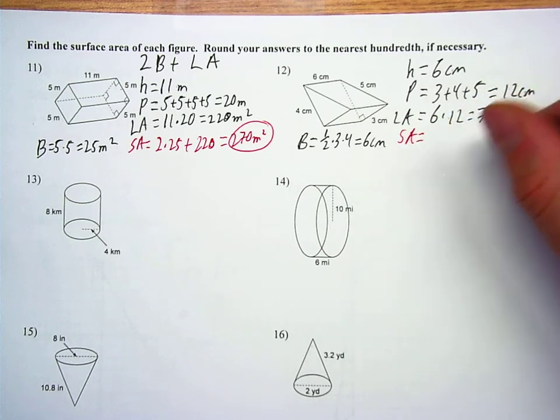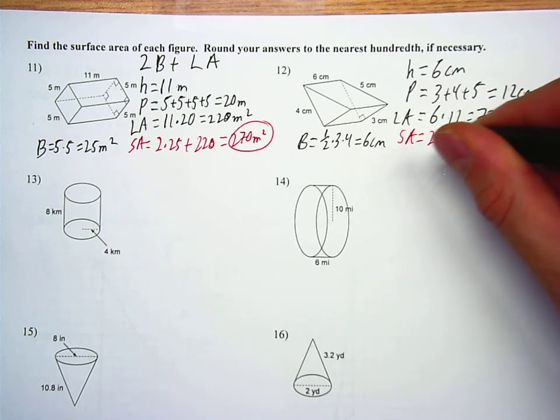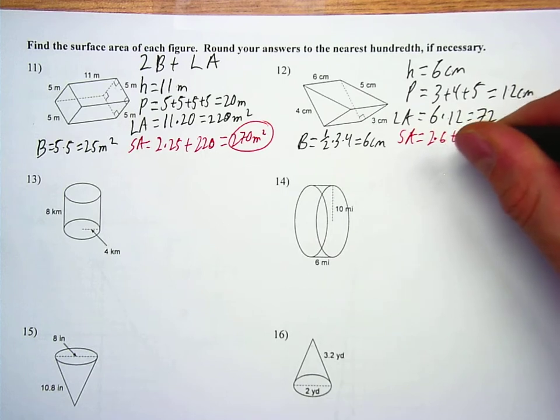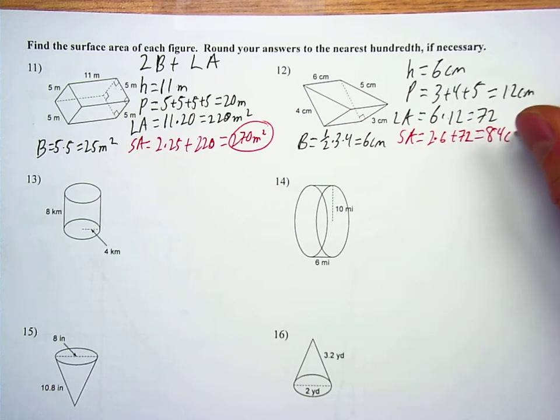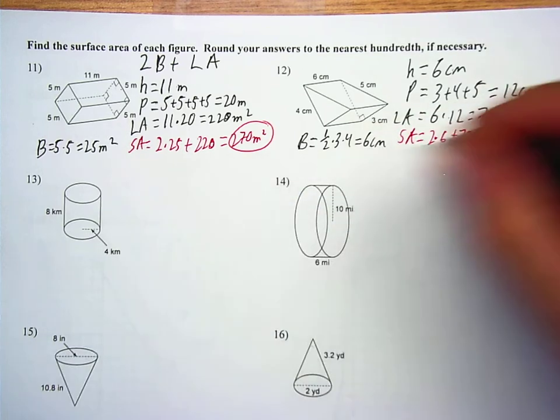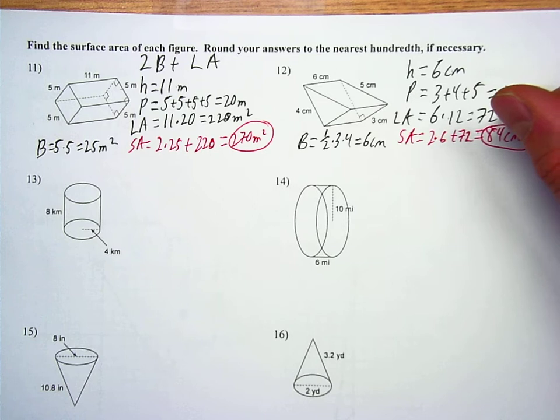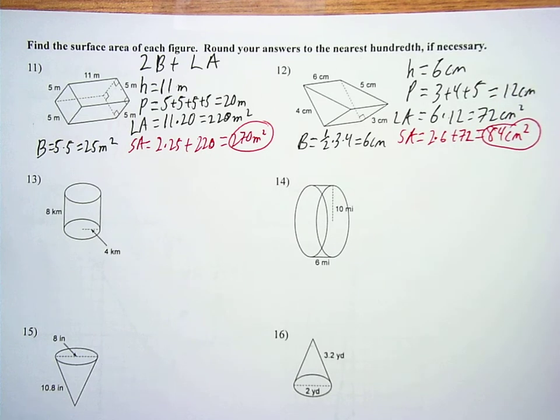And then we add in the lateral area. 2 times 6 is 12, plus 72. This is a total of 84 square centimeters for its surface area. All right, so there's our prisms, rectangular and triangular prisms.